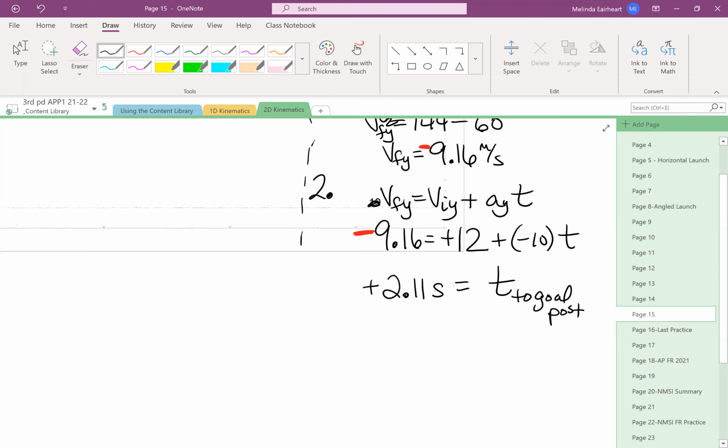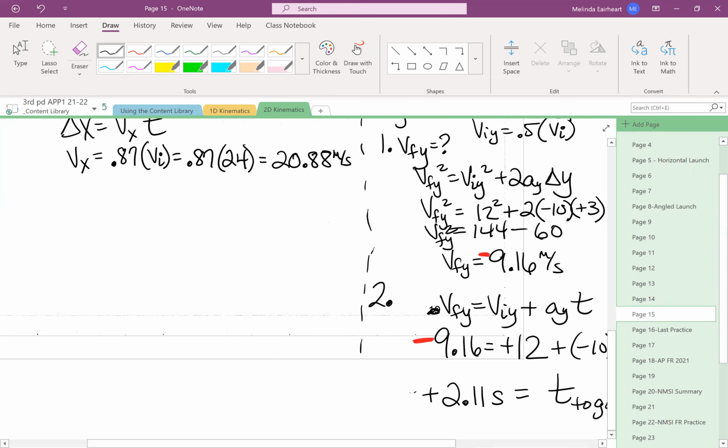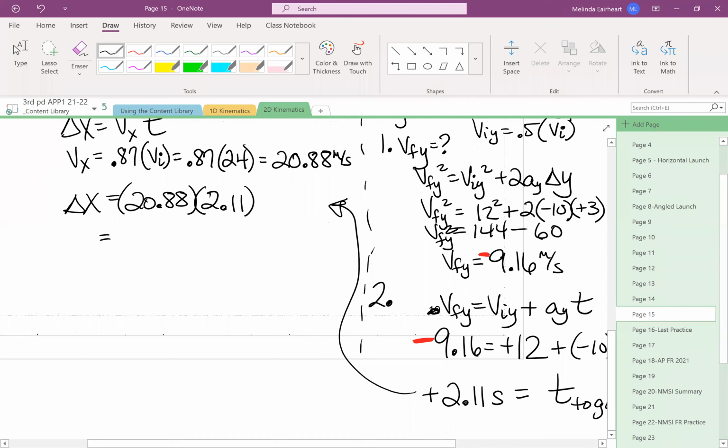Okay, so now we know 2.11 seconds in the vertical, that's going to be equal in the horizontal. So bring that back up. So our range will equal that 20.88 times 2.11. And so earlier, remember, we said that the full range, I think, was 50 meters.